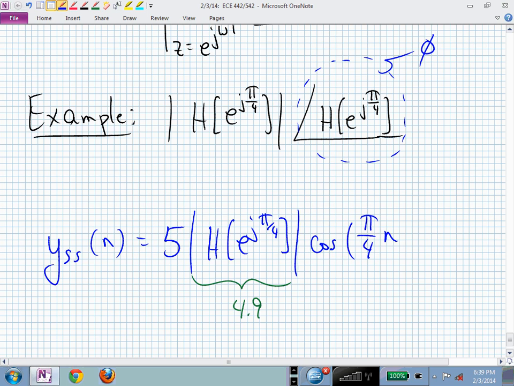After the transients have decayed, it's going to be shaking at the same frequency that I am exciting it at. But it may be delayed in time, and that's going to be this plus phi, where phi is that angle associated with h of e to the j pi over 4.